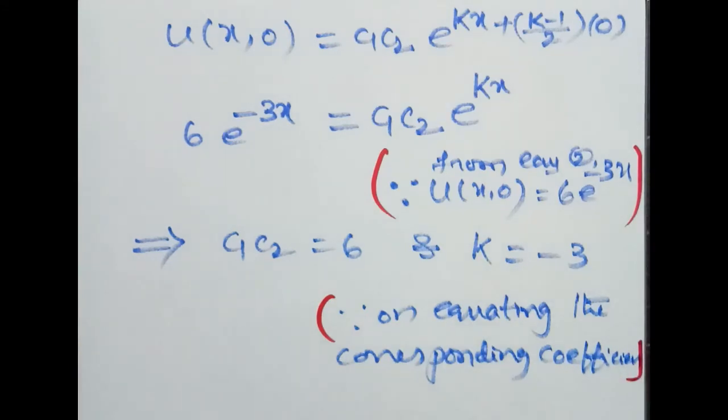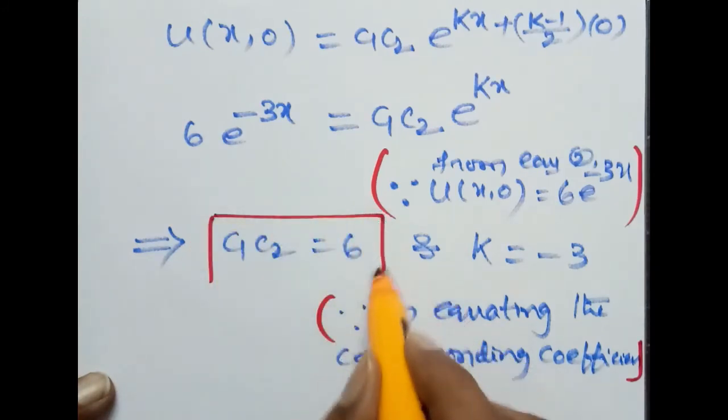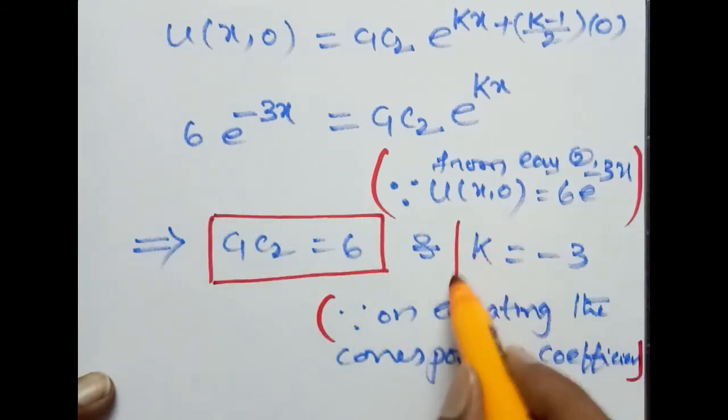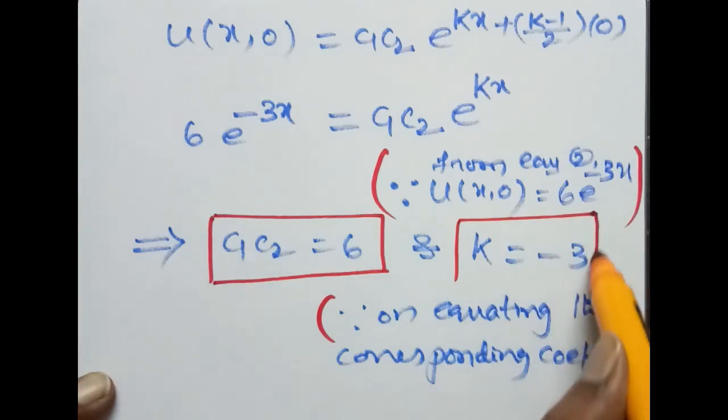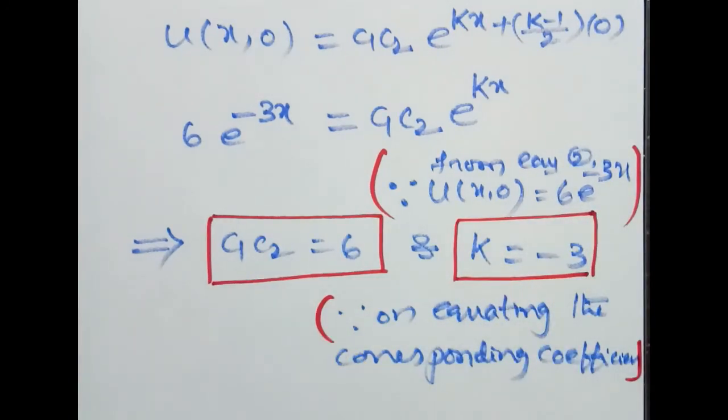We get c1 c2 is equal to 6 and k is equal to minus 3. We will substitute these two values in our solution. Where is our solution? In equation number 7.